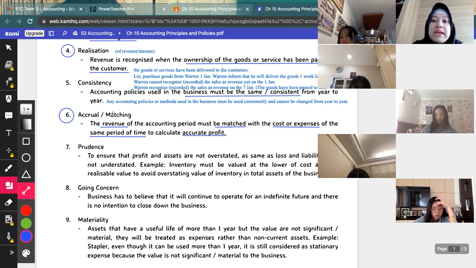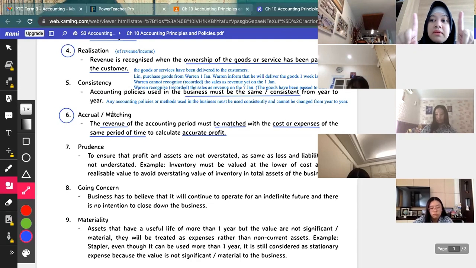The problem is the water expense appeared in December, but we are not paying it in December. We will pay it in the next accounting period. So how are you going to record that water expense? The water expense recorded in the income statement is still 12 months of usage, even though you haven't paid it in full.